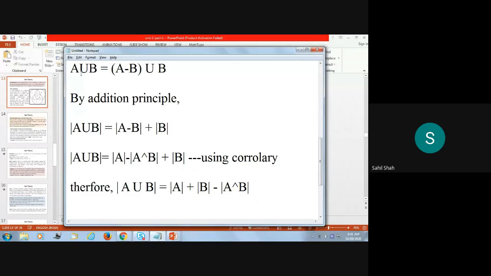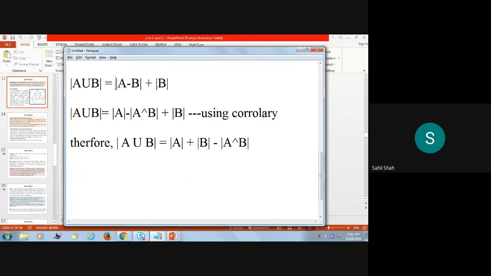So you get cardinality of A union B equal to cardinality of A minus B plus cardinality of B. Further, this symmetric difference can be represented as cardinality of A minus cardinality of A intersection B. I can rearrange these terms, so cardinality of A plus cardinality of B minus cardinality of A intersection B. This is known as the principle of inclusion exclusion for two sets.